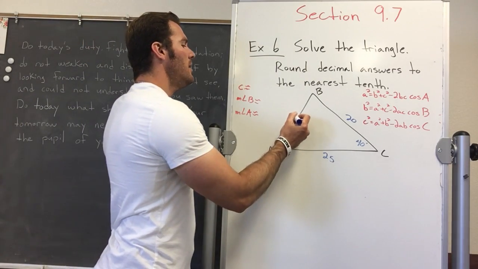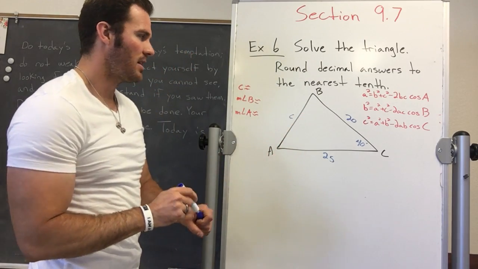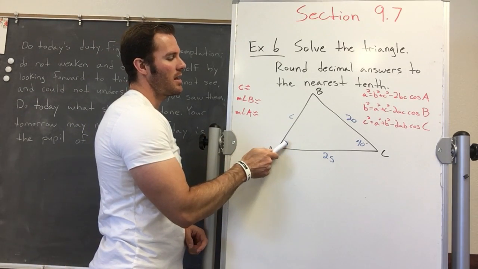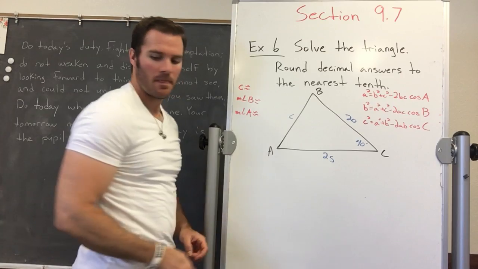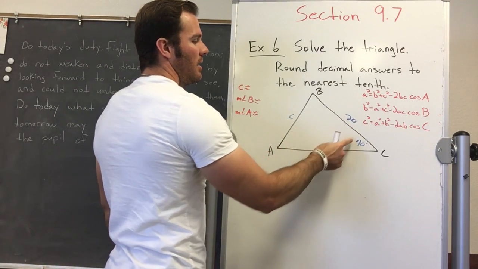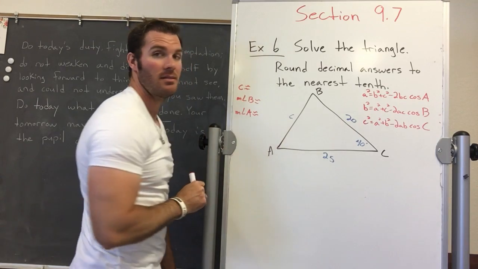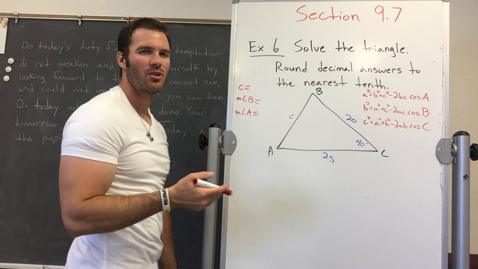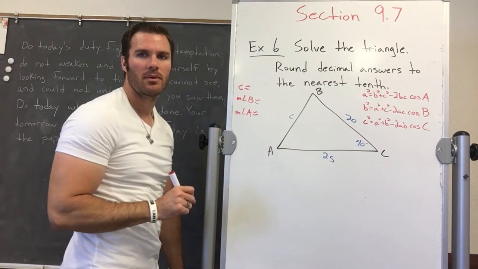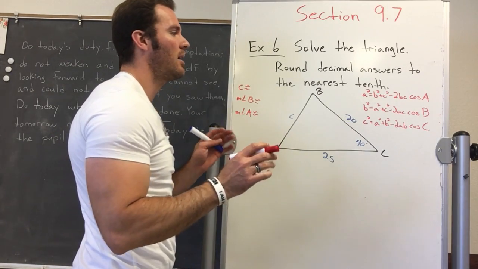Now, we need to solve this triangle and round our decimal answers to the nearest tenth. So we have to find lowercase c, uppercase A for angle A, and angle B. I have a side, an angle, and a side, so it's like SAS. When you see that, you know you can use law of cosines. It's not a right triangle, so we cannot use Pythagorean theorem, and we cannot use sine or cosine.